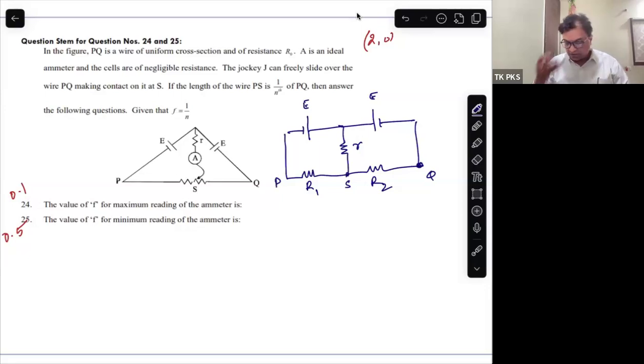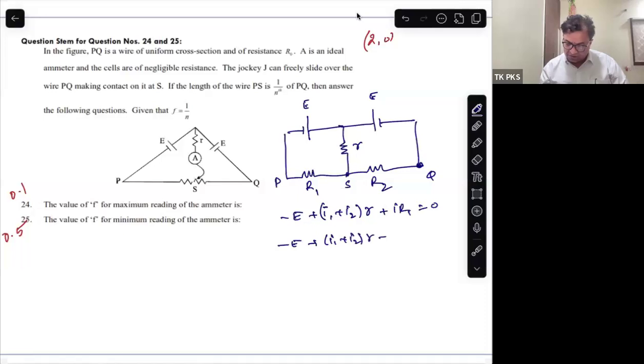Right. Okay, no issues. So what is I1? According to me, I1 is E by, current. If I take the left hand side loop, for example, minus E, I1 plus I2 R plus I R1 is equal to 0. For this, minus E, I1 plus I2 R plus I R2, I1, I2 is equal to 0.